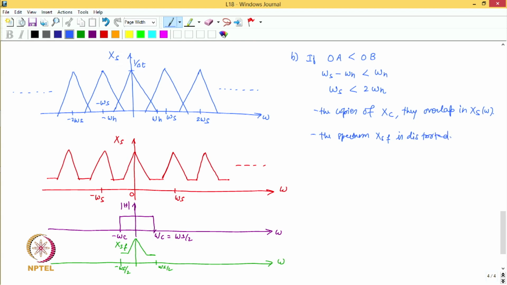It is distorted, especially the high frequency components, they are getting distorted, and this distortion of the signal is referred to as aliasing. So distortion of the signal is referred to as aliasing.